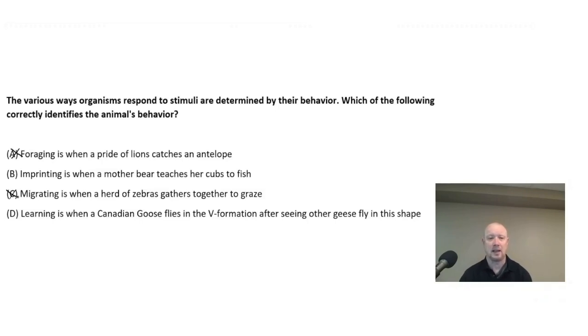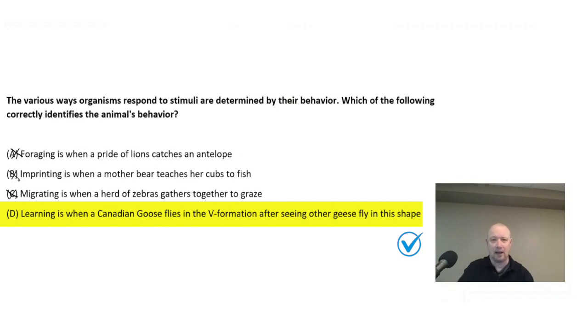So imprinting is a behavior right at birth for an organism for survival, for feeding or protection. So I'm going to eliminate imprinting. And in this case here, the correct answer is the learned behavior of the Canadian goose flying in the V formation after seeing other geese fly in this shape. So this is a learned behavior.